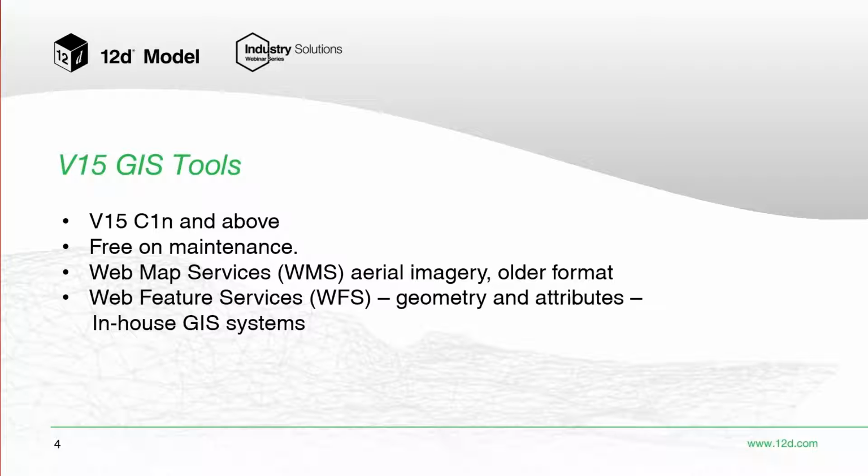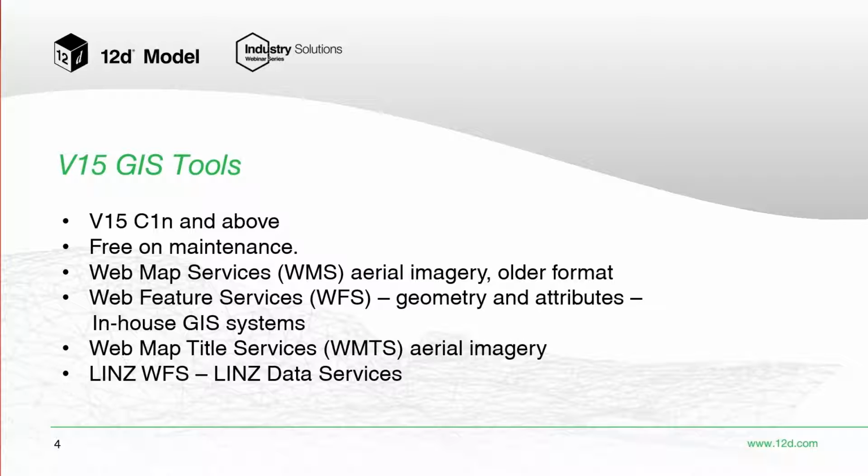We've also got the ability to read in WFS, Web Feature Services, which includes the geometry and attributes of assets, predominantly in-house GIS systems. Then we've also got a reader specifically for the LINZ data service. That allows you to read in all the LINZ data into 12D, and we'll look at that in a second.